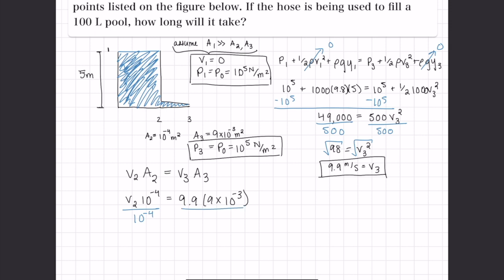Divide both sides by 10 to the minus 4. And I realized, I meant to make this area 10 to the minus 5, so let me change that first before I plug it in my calculator. Okay, and this is going to give me V2 is 8.9 meters per second. So as we expect, the velocity should be a little bit less since our area is bigger.